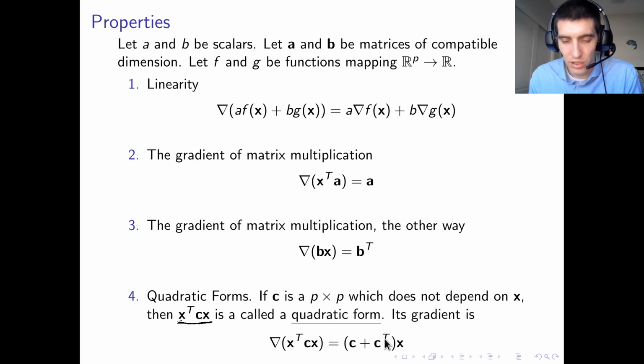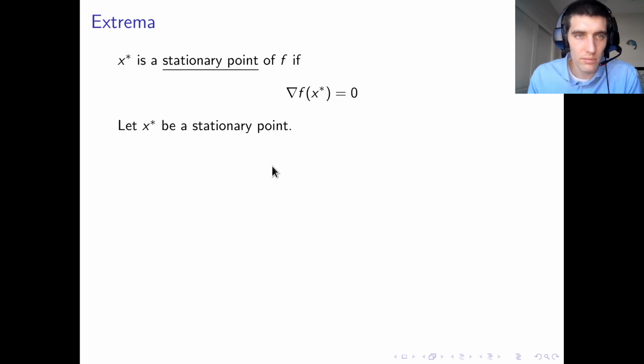We would get c plus c transpose, but since c is a scalar, we would get 2cx. So this actually generalizes the scalar setting. It works when c and x are scalars because c equals c transpose, so we get 2cx here. All right, so these are just some matrix facts.